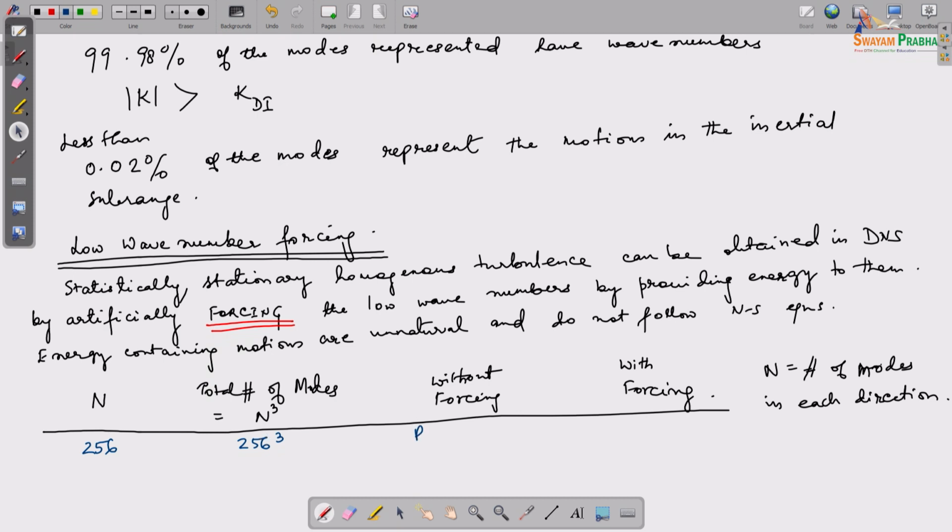Without forcing, the R lambda that is reached is 60, and with forcing the R lambda is 180, right? This is referenced in the book of Pope, and you can look that up. This is an actual experiment that people have done, and this is the result. Then another is if n is 512. The total number of modes is this, and with forcing, the maximum Reynolds number that has been reached is this, right? So it makes a lot of difference.